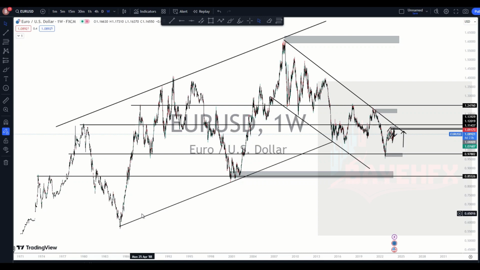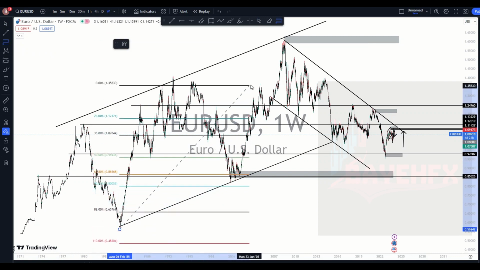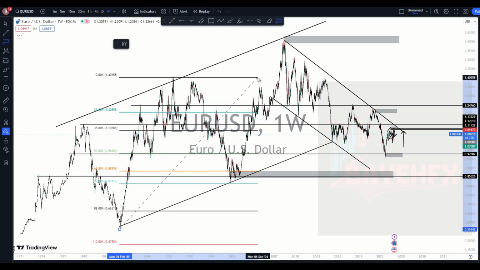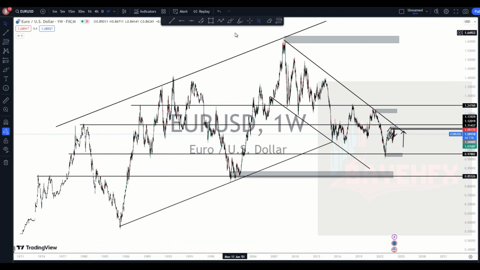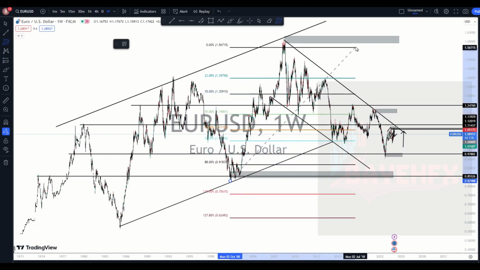If you check here, from here to here, if we use our Fibonacci tool, it's going to show you that the market usually has this history of rejecting at a particular zone. So that means EURUSD usually returns and then starts its bullish movement from the 60% zone.